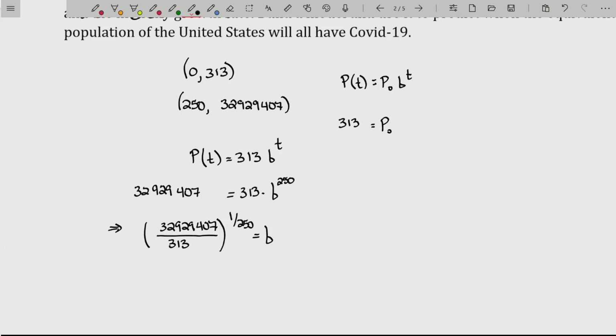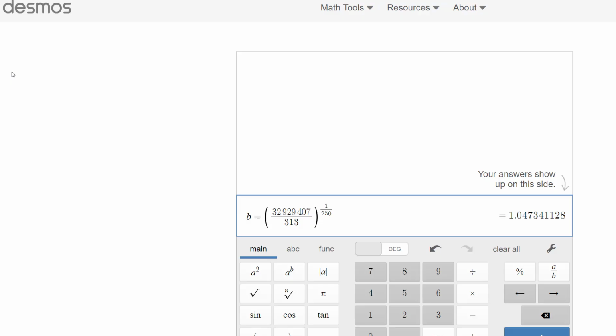And I will actually use Desmos to approximate this because I might want to use that base exactly later on. And you can see right here that value of b is roughly equal to 1.047. I'm going to actually round it on my paper to 1.047, but to be very honest with you, I'm going to use that exact value, or close enough to exact, for all my computations.